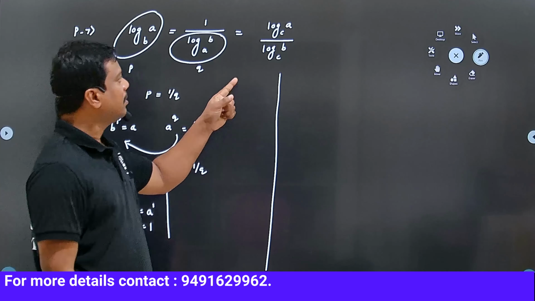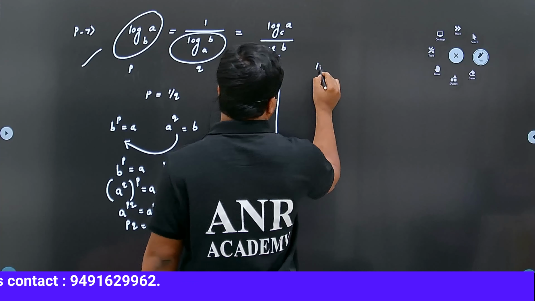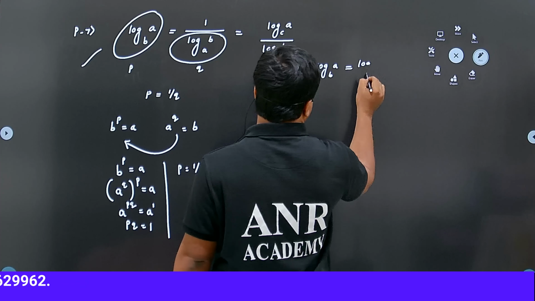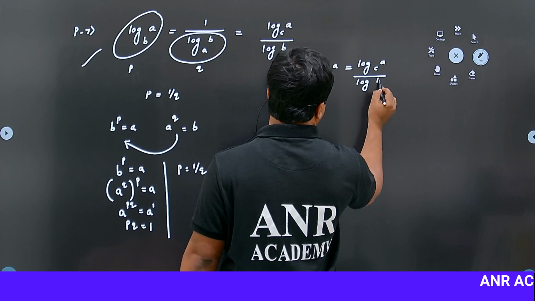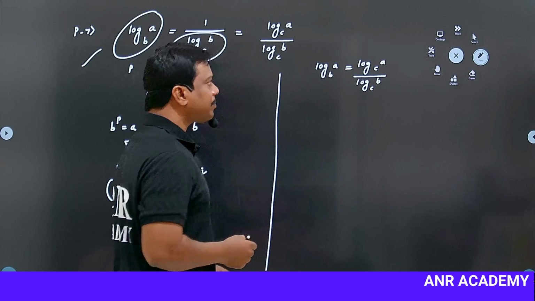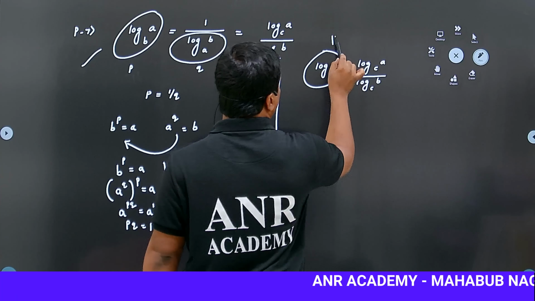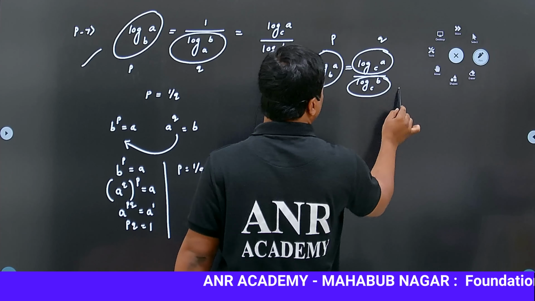Next proof: log a to the base b written as log a to the base c divided by log b to the base c. Assume the first one is p, numerator q, denominator r.